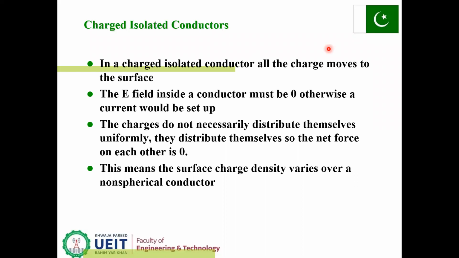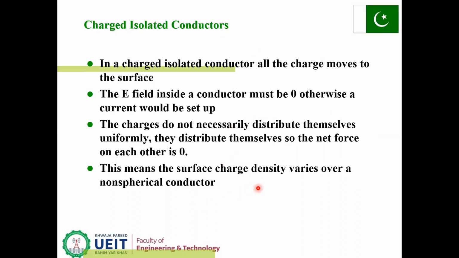Charged isolated conductors. In a charged isolated conductor, all the charge moves to the surface. The electric field E inside a conductor must be zero, otherwise a current would be set up. The charges do not necessarily distribute themselves uniformly. They distribute themselves so the net force on each other is zero.